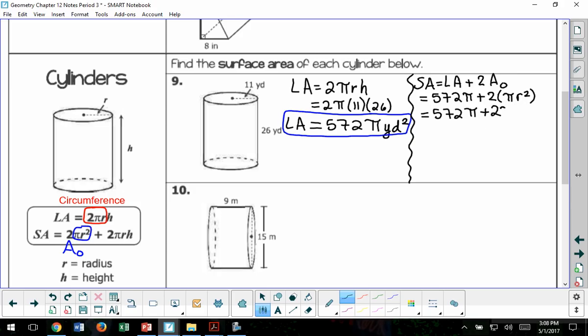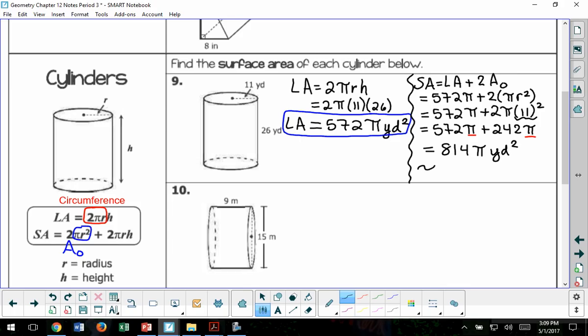So it's 2 pi times 11 squared. So 572 pi plus 11 squared, 121 times 2, so 242 pi. Because this you can combine. And then it's yards squared.